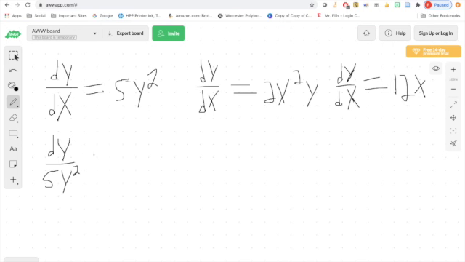So we're dividing by 5y squared and multiplying by dx. And boom. We have now separated our variables. y is on one side, x is on the other. And yes, this is literally it for the separation of variables step. Next, we would find antiderivatives and go from there. But this is, in effect, the most important step. And this is the actual separation of variables step.